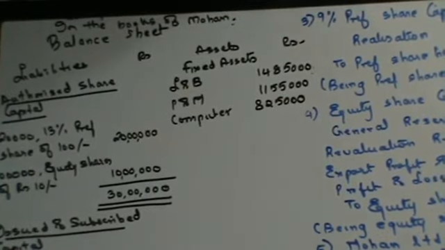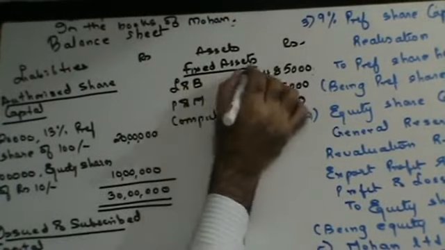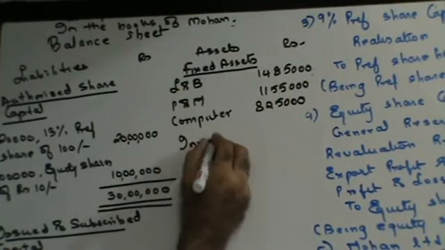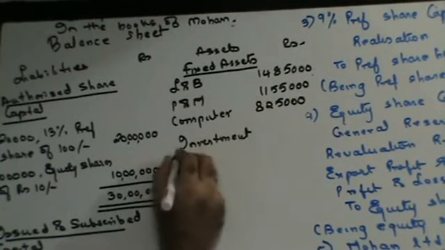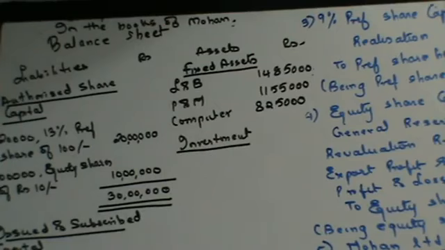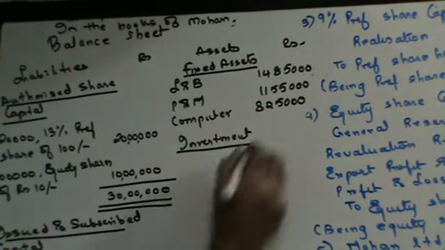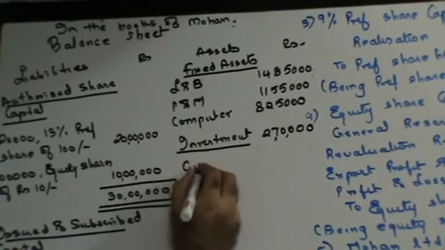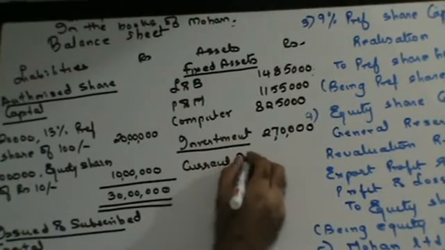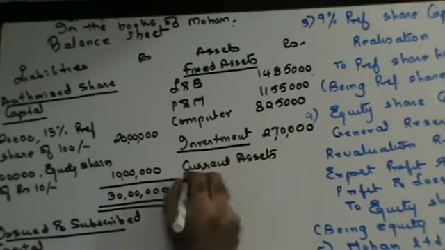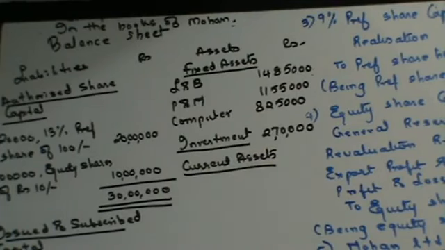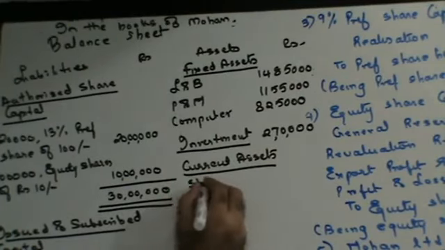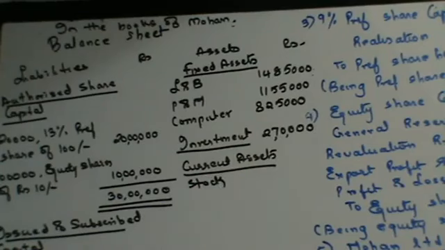Then you have investments, 2,70,000. Then you have current assets. Under current assets, you have stock, 7,50,000.